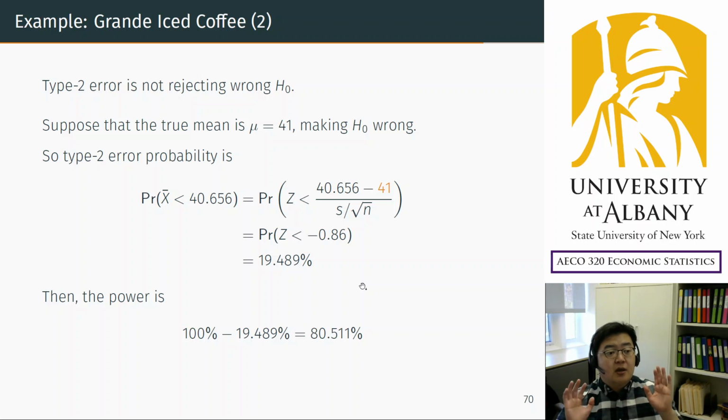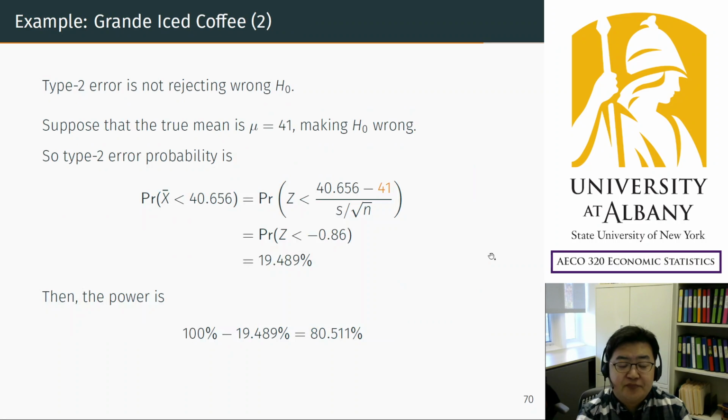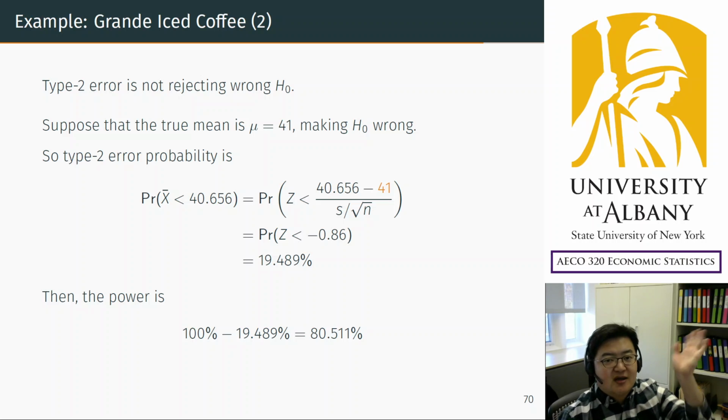Okay? We have one more example in the next video, and we will use the binary distribution structure again to see how it affects the one-tail test. Okay, see you later. Bye.